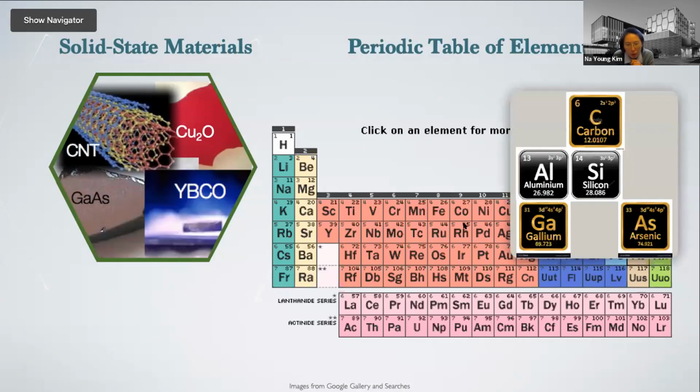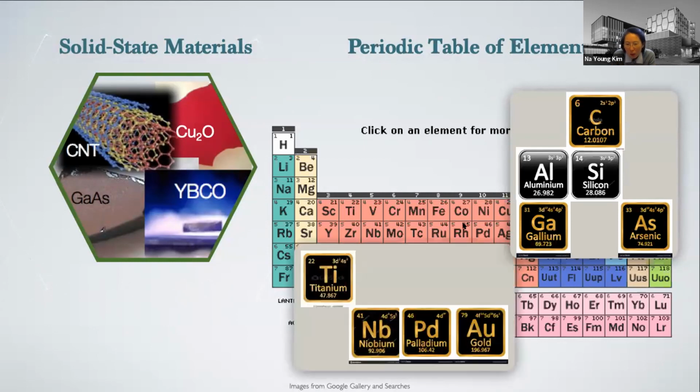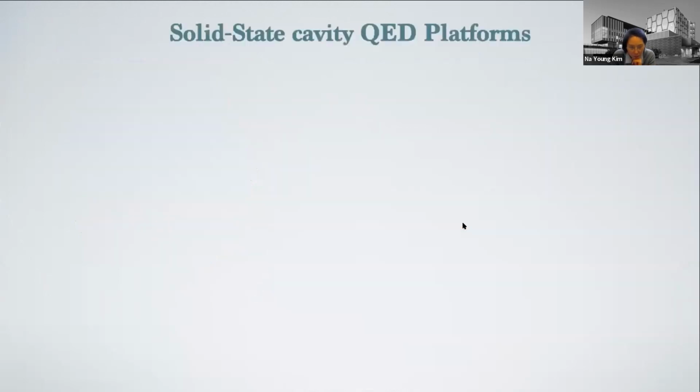We usually look at the periodic table, and these are the specific elements that I've been working on. But semiconductors alone are not enough to make functional devices, so we have to combine the semiconductor elements with other elements like metals and oxides. By putting all of them together, we are making exciting photonic and electronic devices.